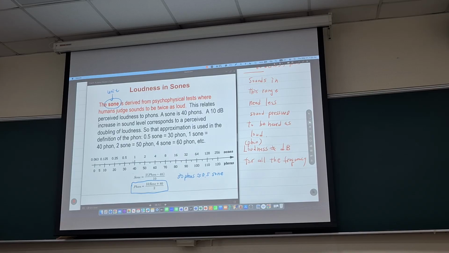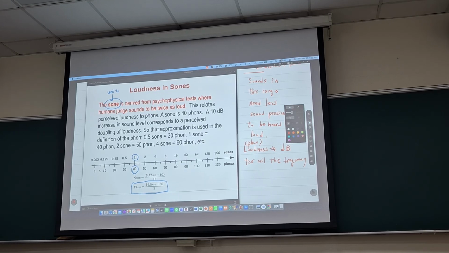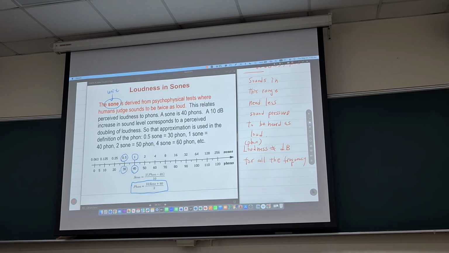So one sound is close to 40 phones. Okay, 0.5 sounds is close to 30 phones.